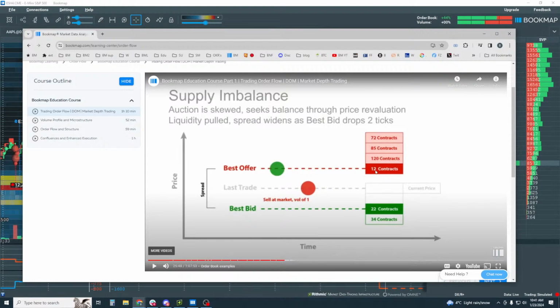So you'll pay up 1 tick, and you'll transact and make the agreement here with the seller on the offer. We'll sell to you at that price, we'll buy from him at that price. For every buyer, there is a seller.